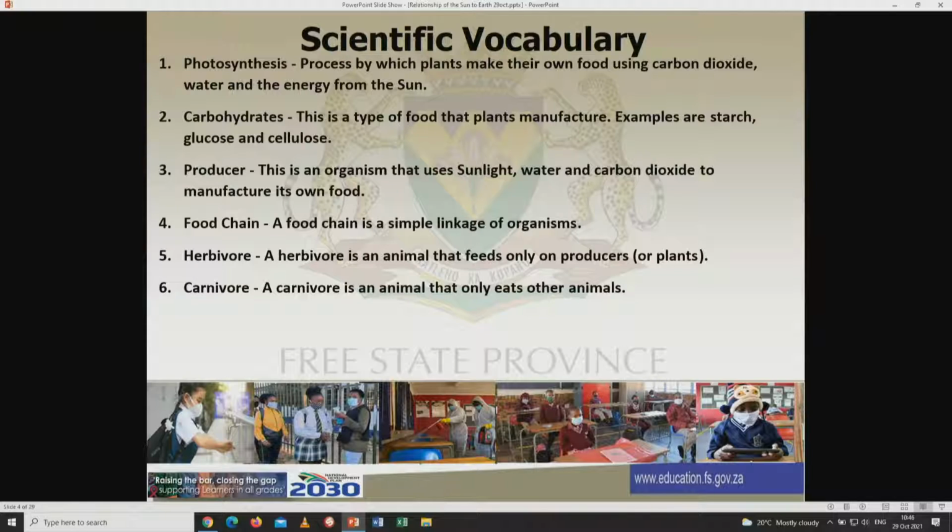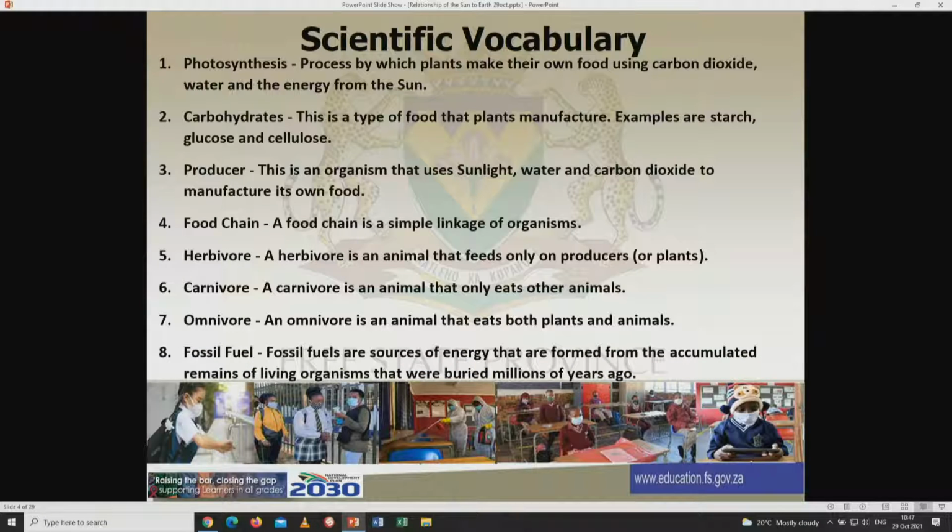Carnivore is an animal that only eats other animals. Omnivore is an animal that eats both plants and animals. And lastly, fossil fuels are sources of energy that are formed from the accumulated remains of living organisms that were buried millions of years ago.